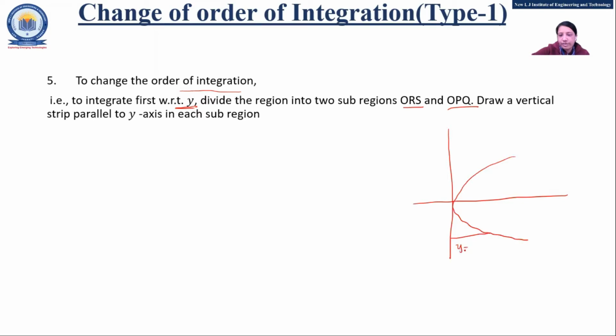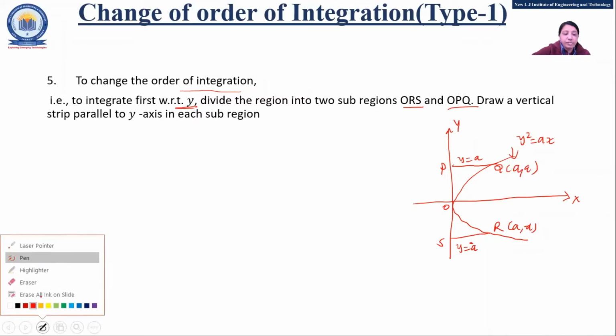This is y equal to minus a here, and here somewhere y equal to a. This is my O point. This is P. This is Q. This is y axis. This is x. This is y square equal to ax. Now R and S, these points we are having are a and minus a.